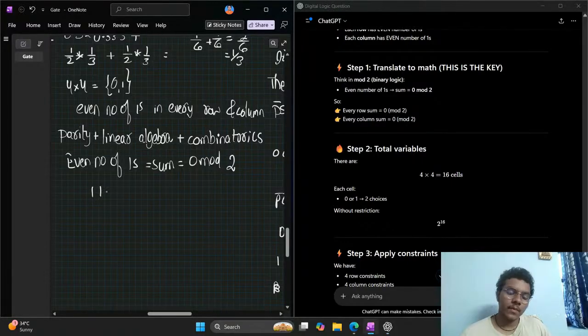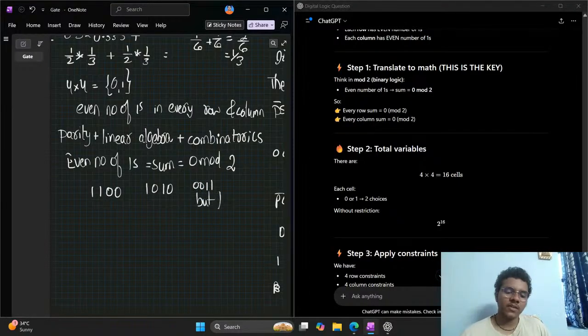Like double one, double zero. 1, 0, but this is not 0 mod 2, right?